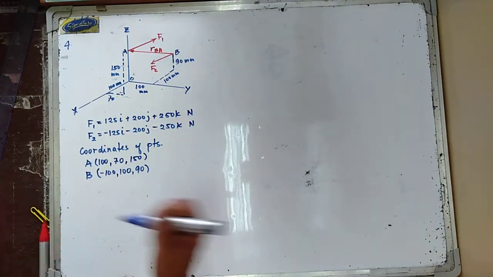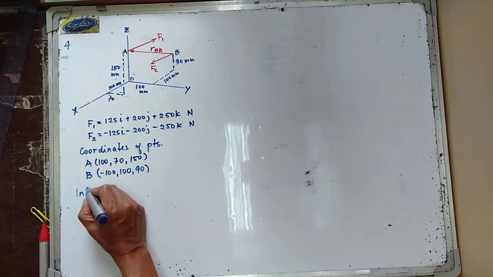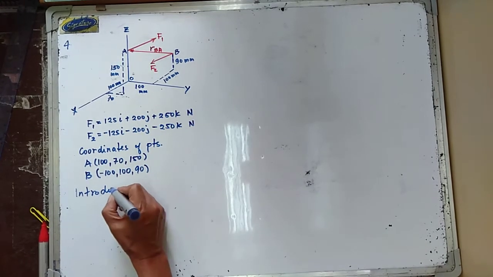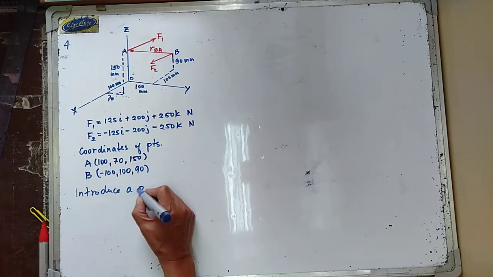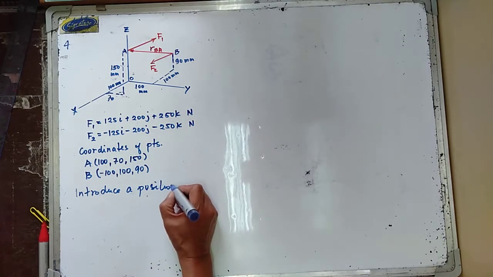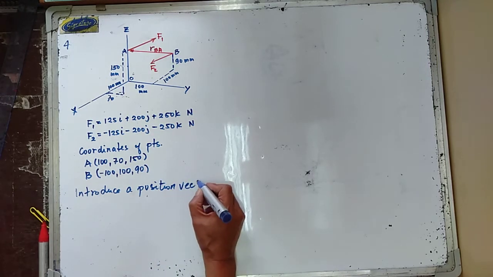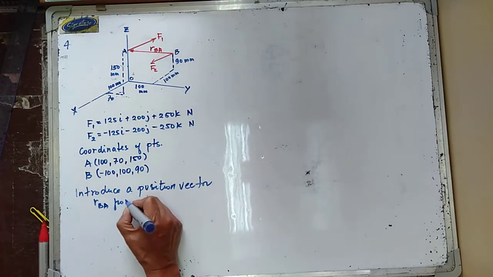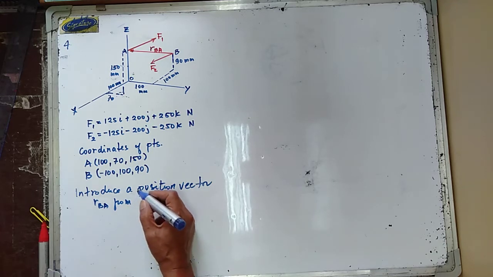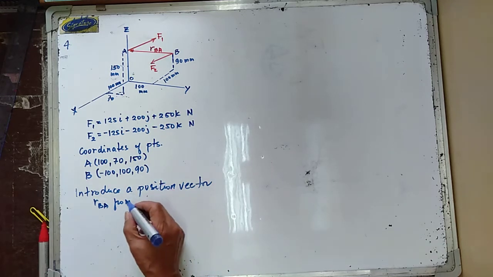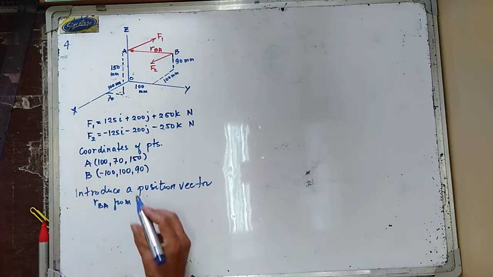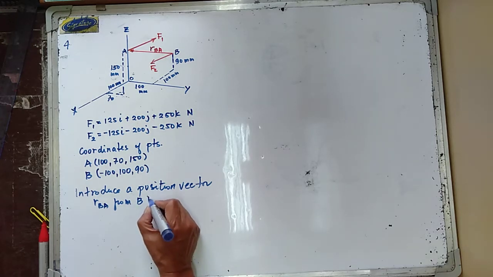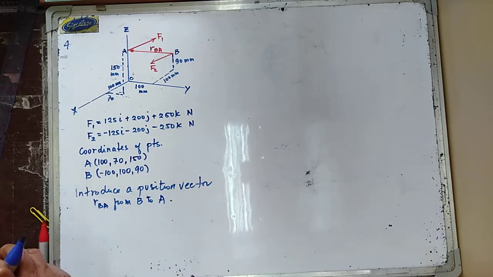At this point, we did introduce a position vector, and that is now your RBA, from point B to A.